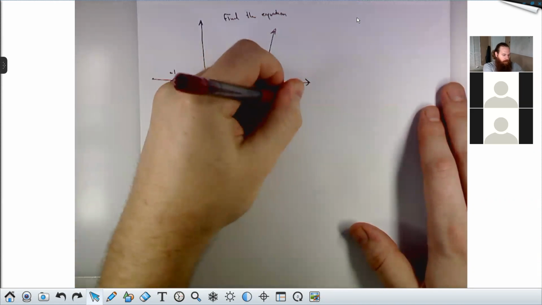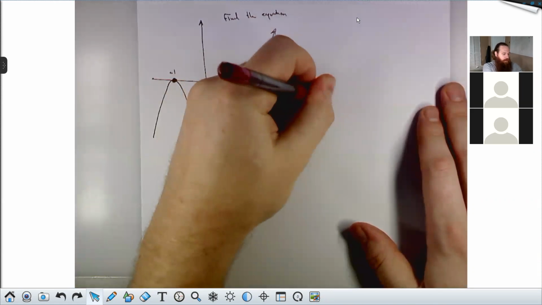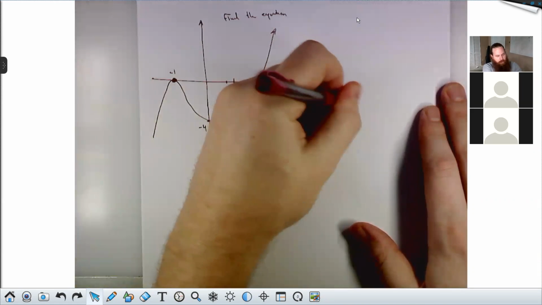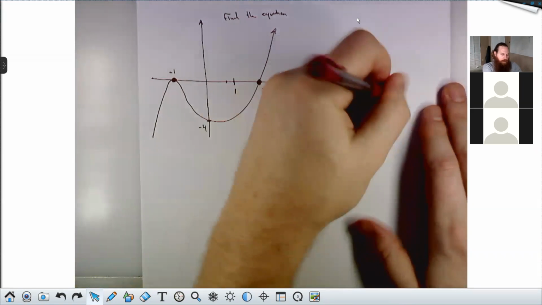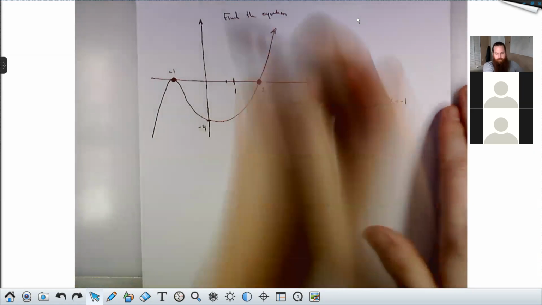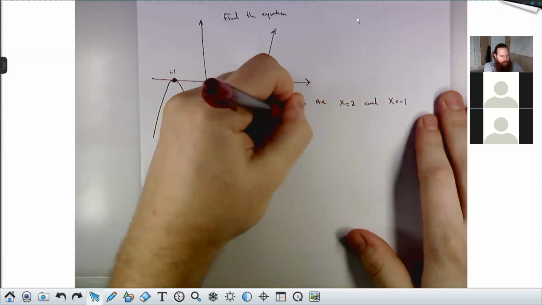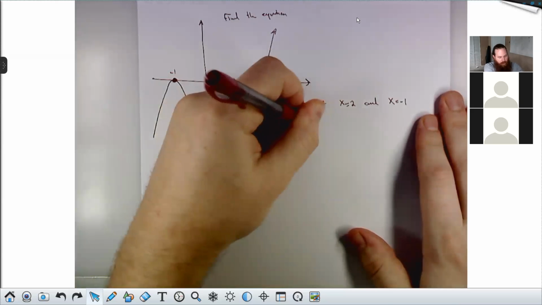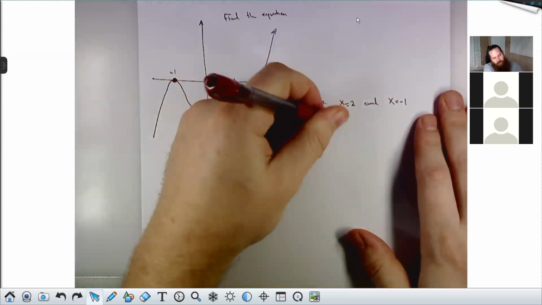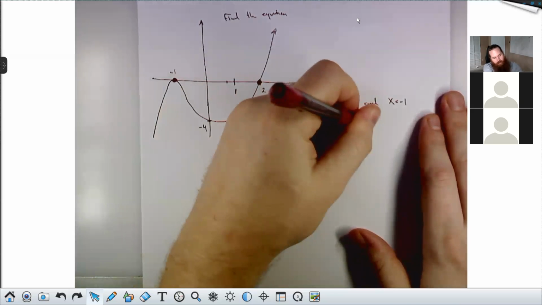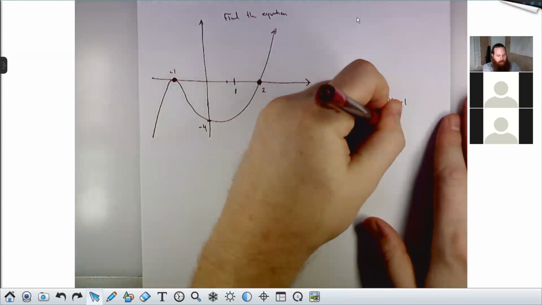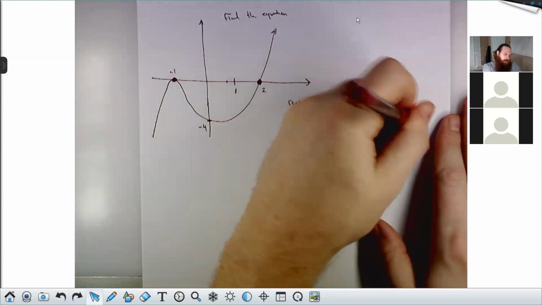Well, my roots are x equals 2 and x equals negative 1. Those are my x-intercepts, so those are roots, which means that factors include x minus 2 and x plus 1.